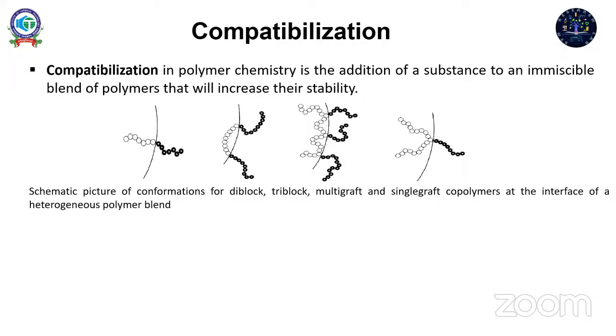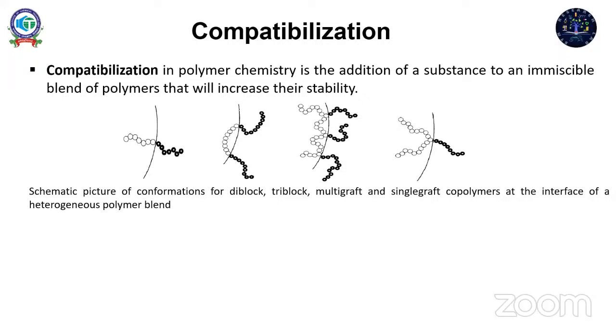Now, talking about miscibility, immiscibility, compatibility, incompatibility. Generally, when we mix two different types of polymers, either they will be miscible or immiscible, or we can say compatible or incompatible. Miscibility and compatibility are two different terms, though they might look similar.